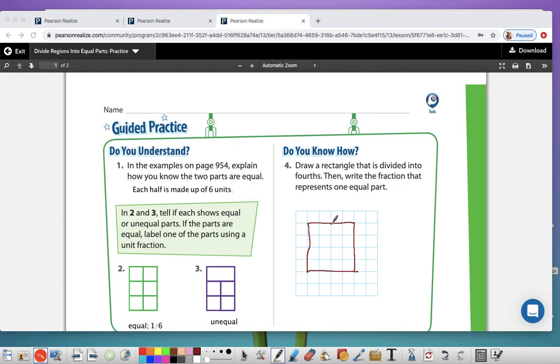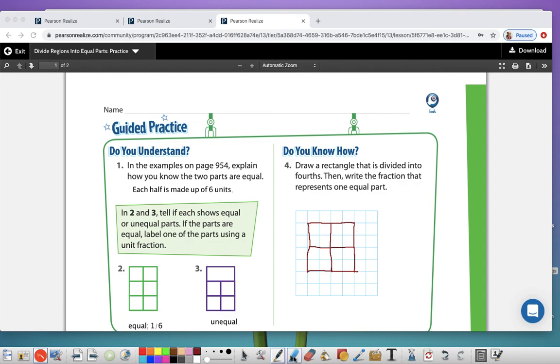And then I'm going to put a line right there down the middle. Put a line here. Okay, there we go. So now it is exactly the same, 1, 2, 1, 2. So I have the same number of squares in each quadrant of it, or each part of it.